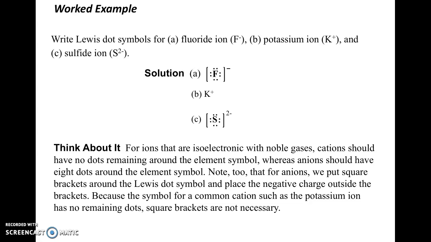There are no dots to show, and so you just put the positive charge. And sulfide is similar to the oxide we saw previously. Once again, you've got a full octet of electrons shown by the 8 dots in 4 pairs, and so we put a bracket around that symbol and we put the charge on the outside. There's a little bit of an explanation here that you might want to read.